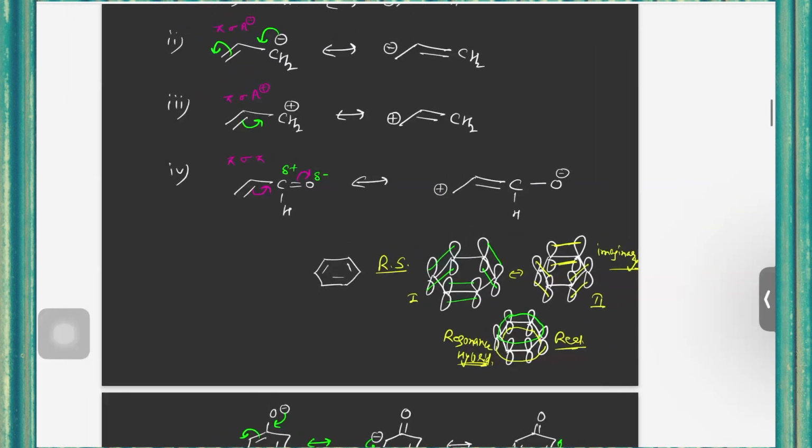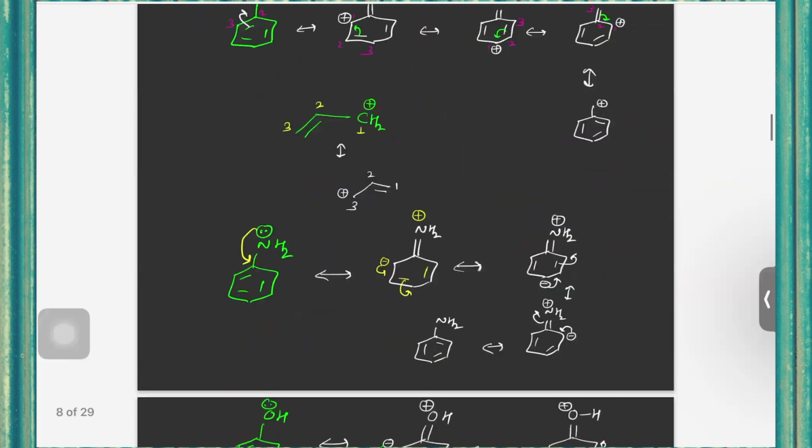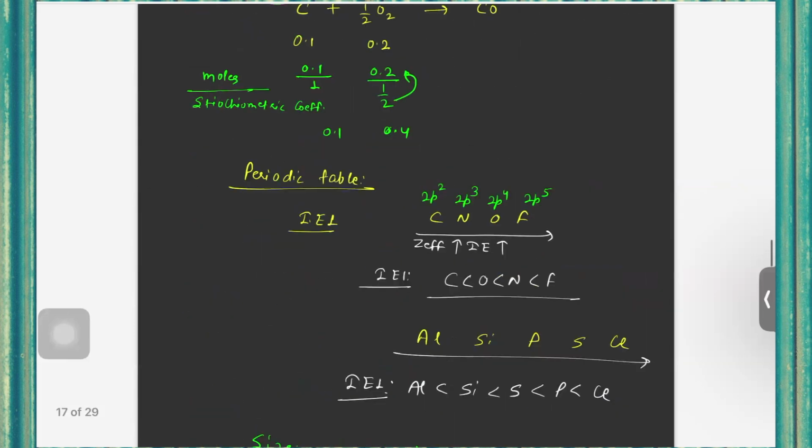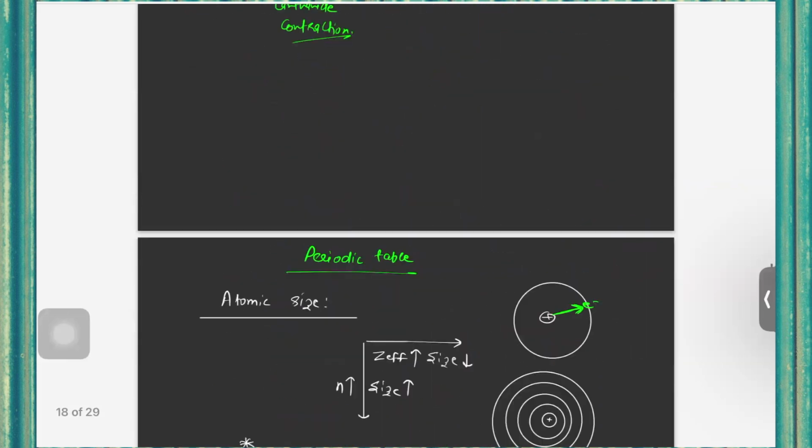Now what we are going to do, we are going to draw the resonating structures, the RS. Let us draw the resonating structures. I am taking it case by case.